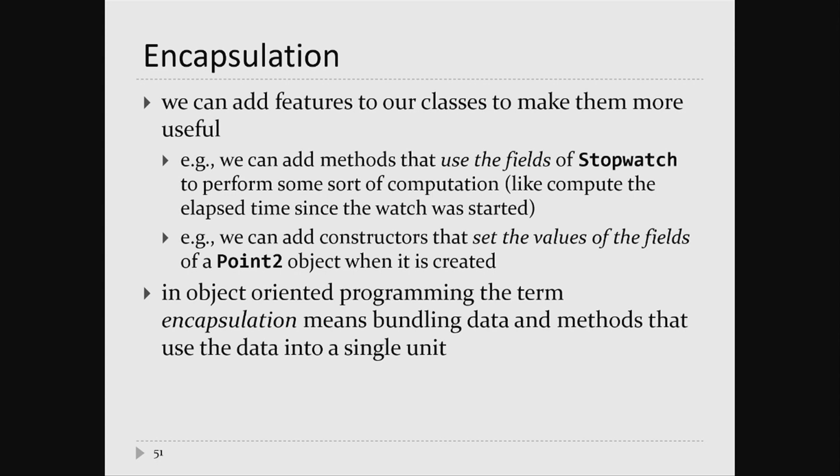All your methods will operate on that information. So for example, in the stopwatch class, I can add some sort of method that lets me start the stopwatch. I can add some method that lets me stop the stopwatch. And then I can add some method that tells me how much time has gone between start and stop.